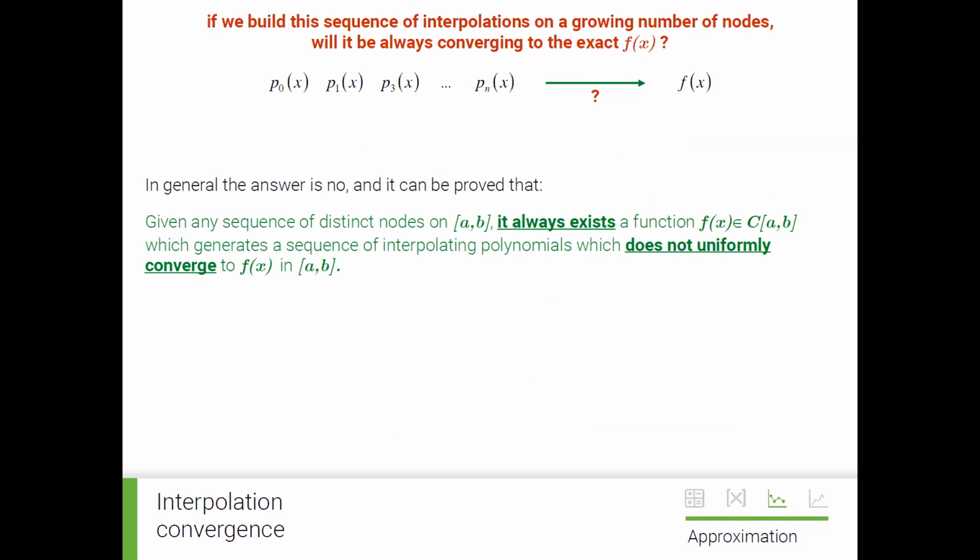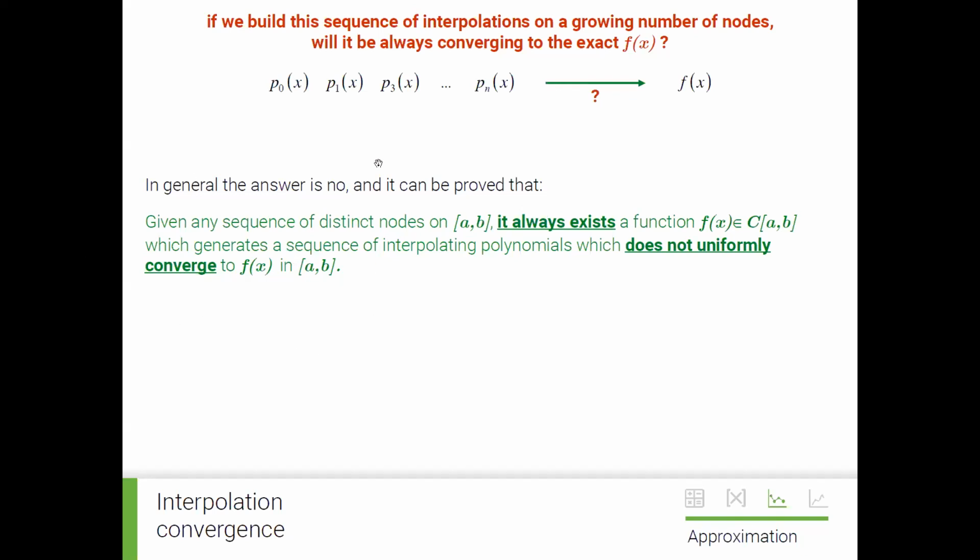In general, the answer is no. It can be proved, remark here, that given any sequence of distinct nodes on the interval A, B, there always exists a continuous function f of x on the interval AB which generates a sequence of interpolating polynomials which doesn't uniformly converge to f of x in AB.